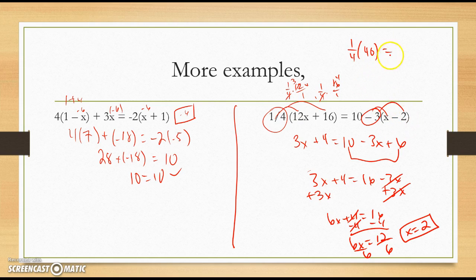So we have 10 minus 3 times 0. So 1/4 of 40, so 40 basically cross reduce. Oh, I'm sorry, that should be a 10, not a 4. So 10 equals 10 minus 3 times 0, 0, 10 equals 10. So it checks out. Okay, so always go back, make sure you check your work.